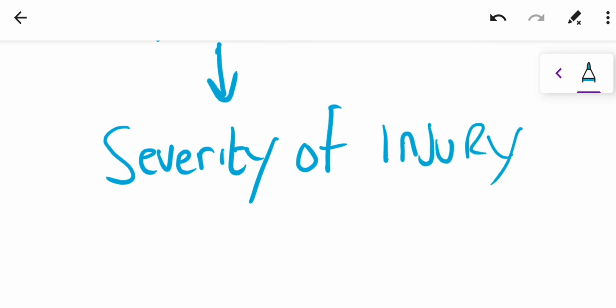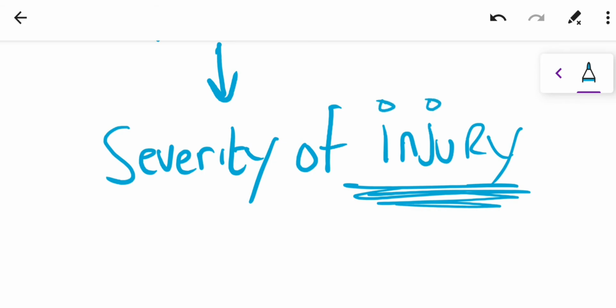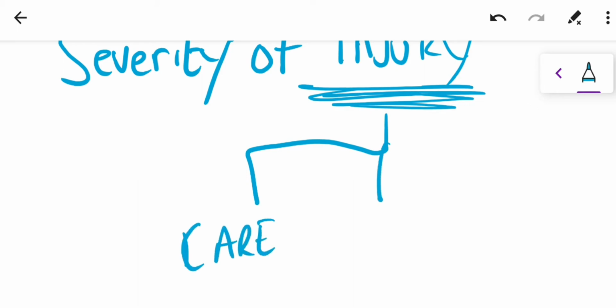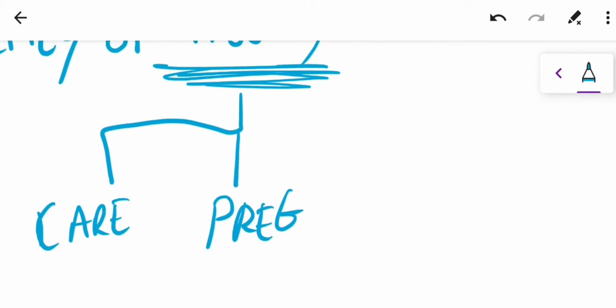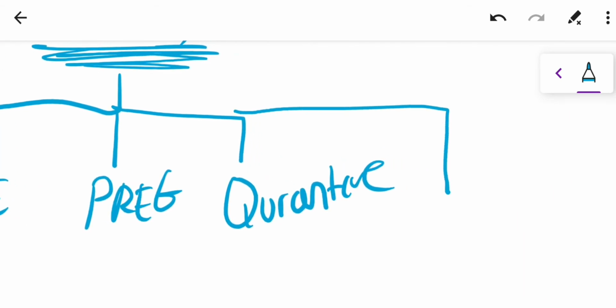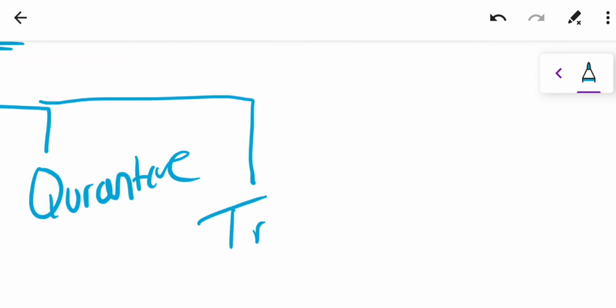Okay? And just realize it doesn't have to be an injury why you get the temporary incapacity. It could be because you're caring for someone, maybe an elderly person, or maybe you're a pregnant woman, or there could be, I don't know, a quarantine, and then maybe it could be a trauma.